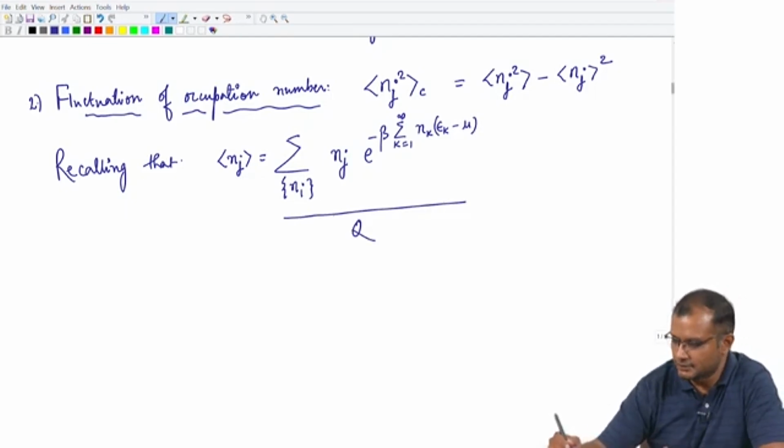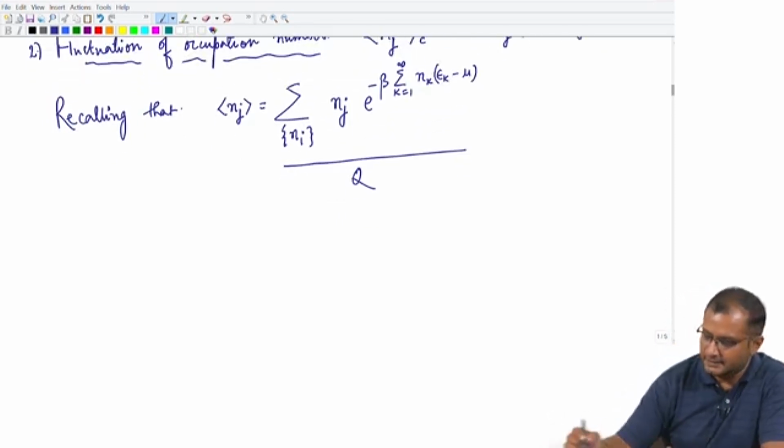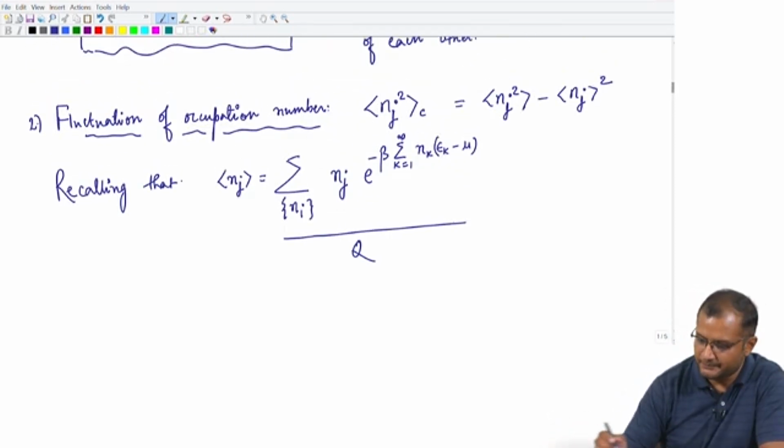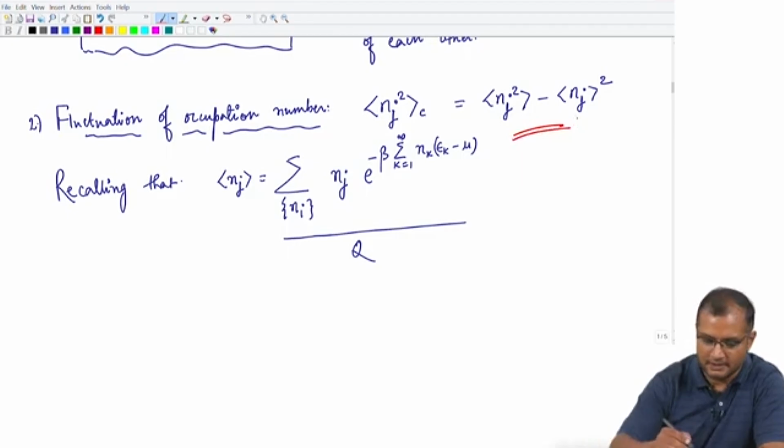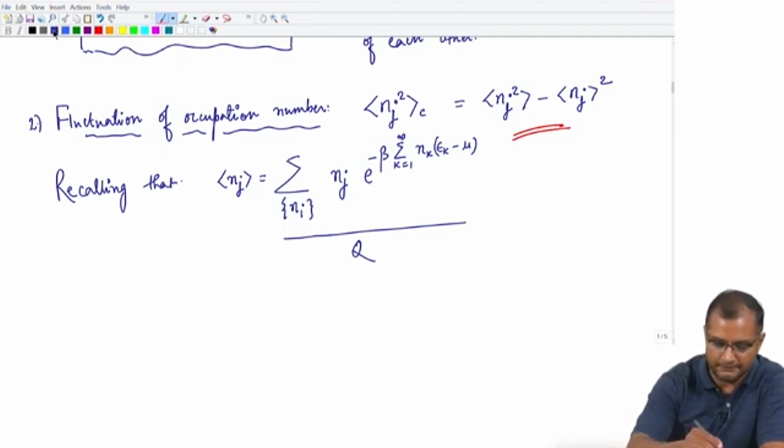Okay. So, then you can see that I can write down the right hand side.